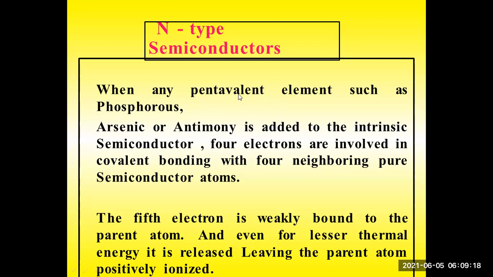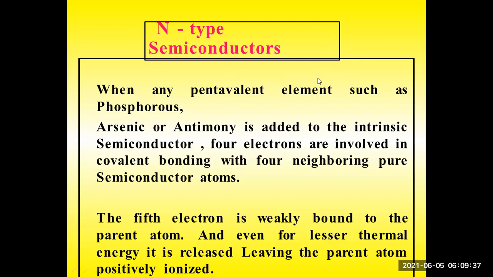You already know that. Just now we saw the schematic diagram of silicon, where the valence electrons are 4. Here, apart from silicon's 4 valence electrons, we consider an impurity element, phosphorus. Why are we calling it pentavalent? Because phosphorus has 5 valence electrons.